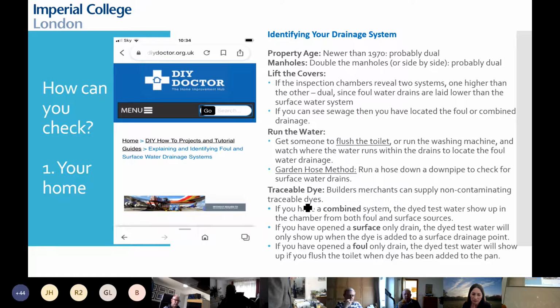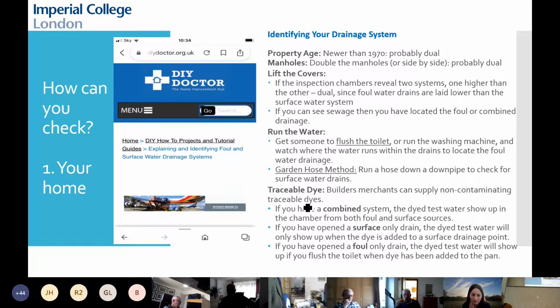So go and have a look at the age of your property. Look at the manholes outside. Have you got 2 lots of manholes? If you've got only 1 manhole, then lift up the lid and see if you've got 2 systems inside, one higher than the other, because that means you've got a surface water system above and a foul water system below.